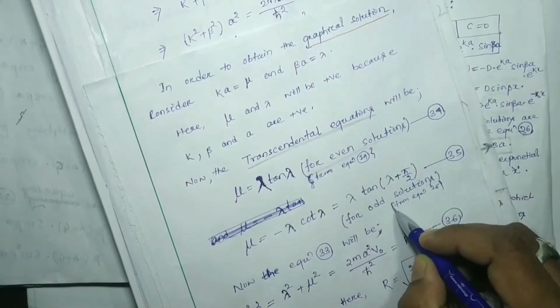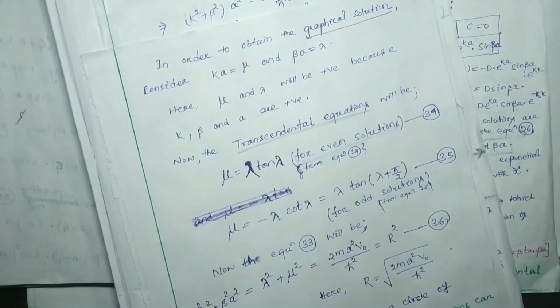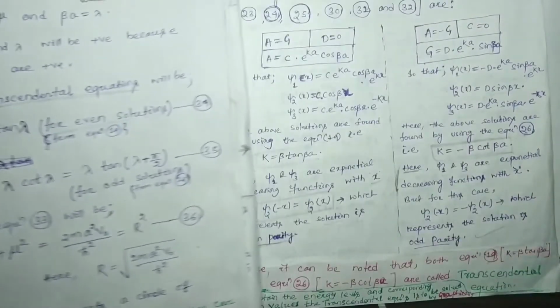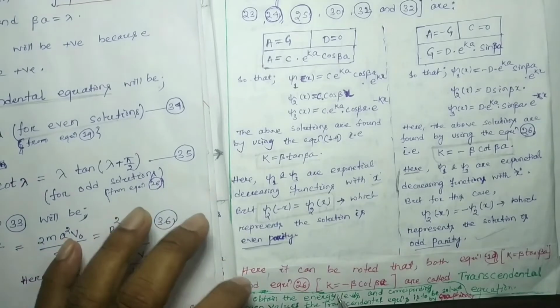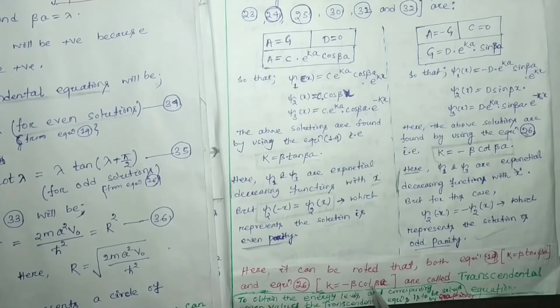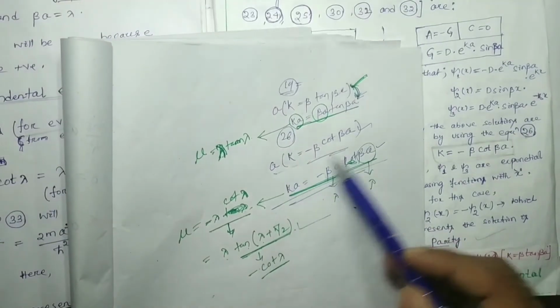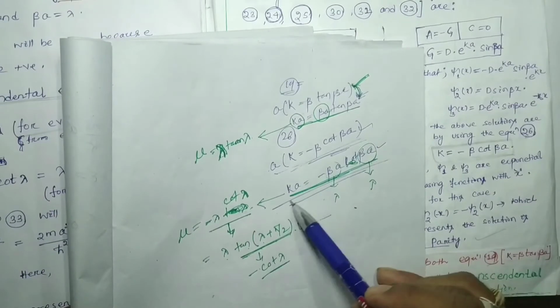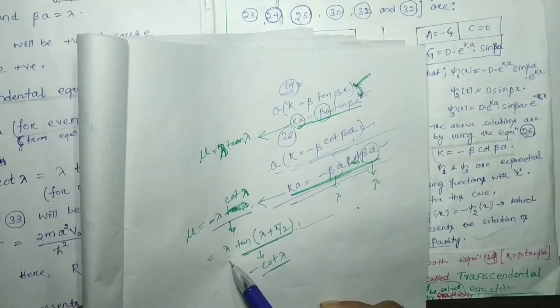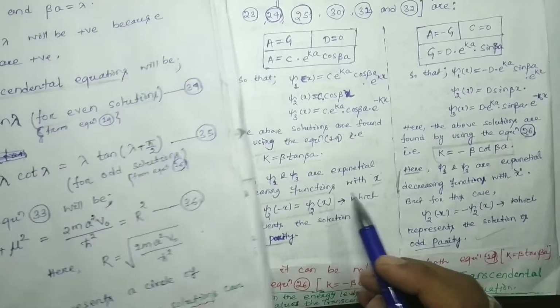Okay, because the 26 equation belongs to your k equal to minus beta cot beta a. So this is your 26. So by considering this one, we got lambda tan of lambda plus pi by 2 is this one.